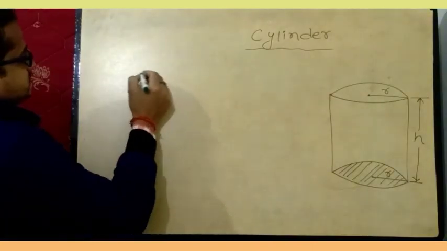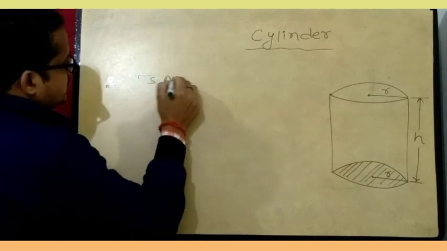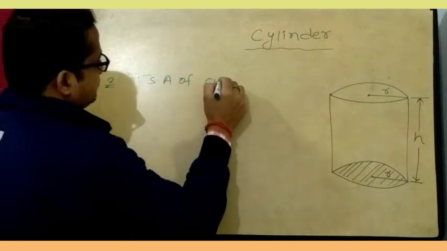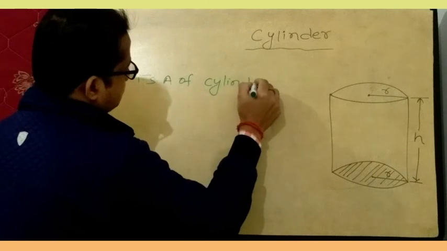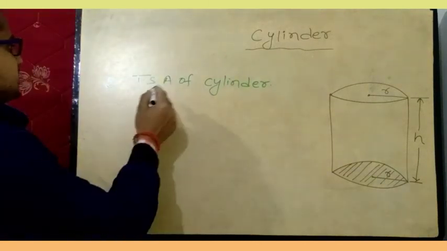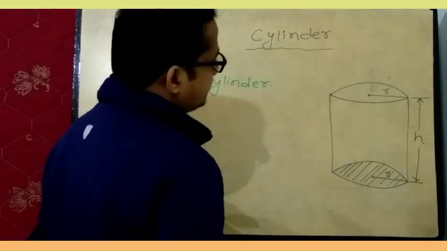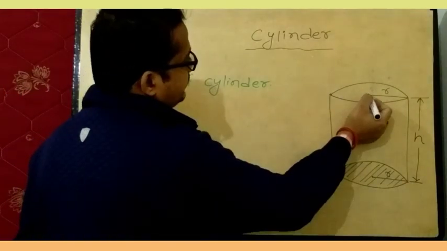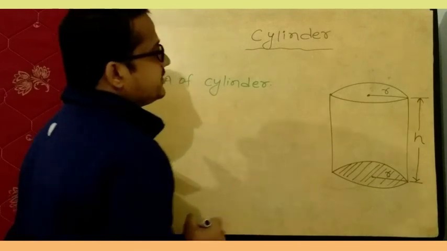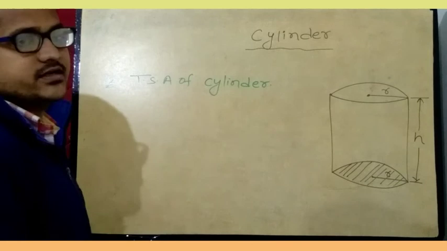Next topic is TSA of cylinder, that is total surface area of this cylinder. If we observe, there are total three surfaces in this cylinder.